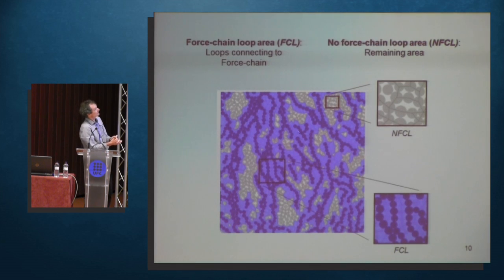We can also investigate a little bit more what happens by separating two families. We can consider the loops in connection with 4-chains and loops that are not in connection with 4-chains.